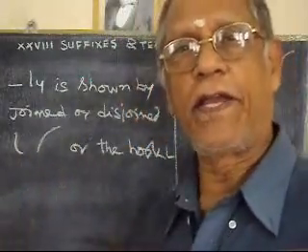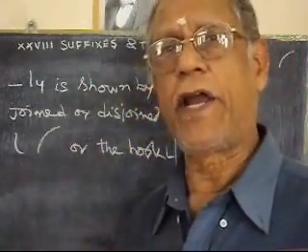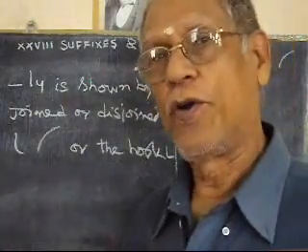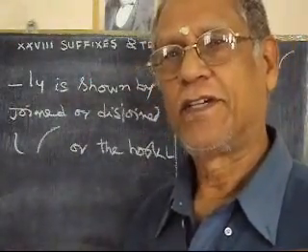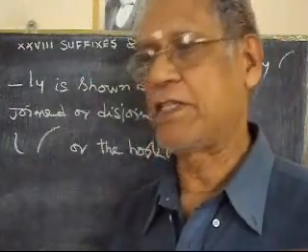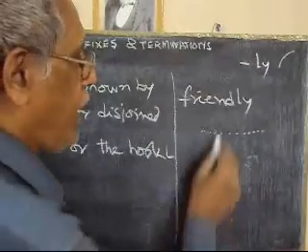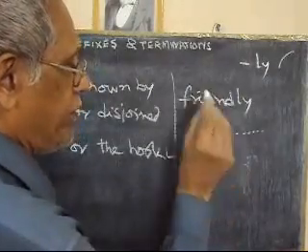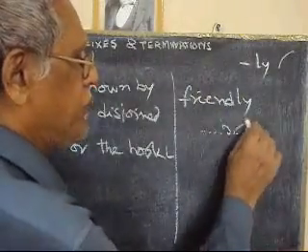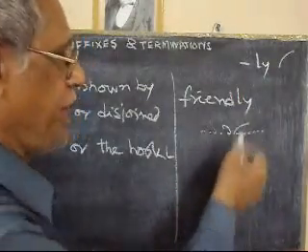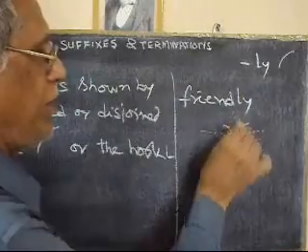Ly is shown by joined or disjoined L, stroke L, and also by the hook. Refer to rule number 71 in the instructor. Friendly. Friend, how do you write? Friend. Ly, disjoin, because joining is difficult. So disjoin, friendly, that's all.